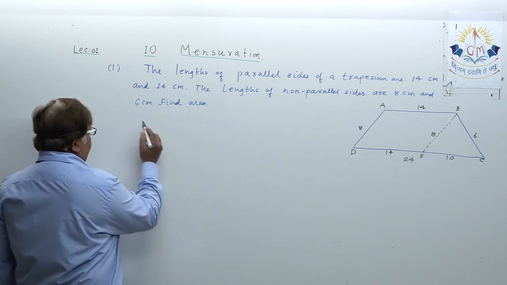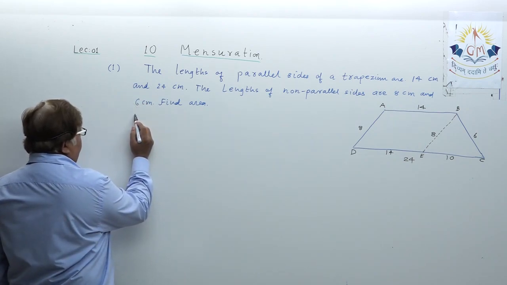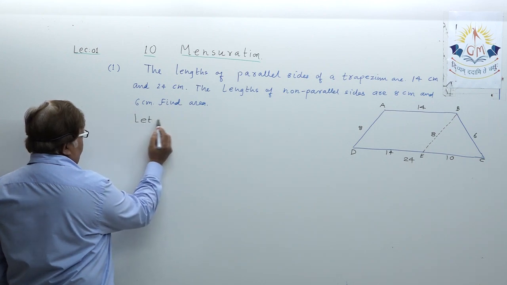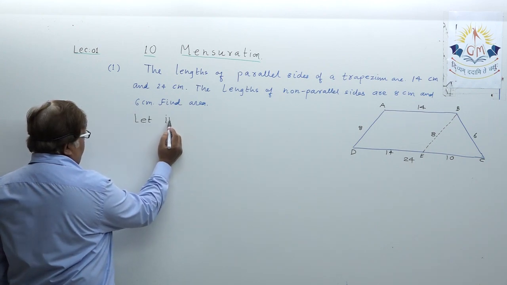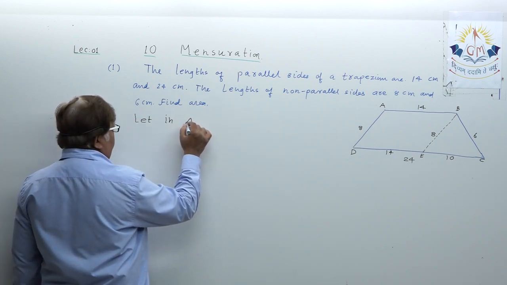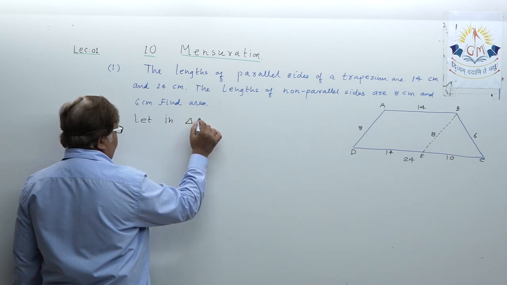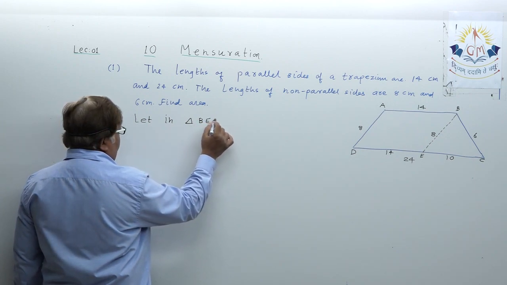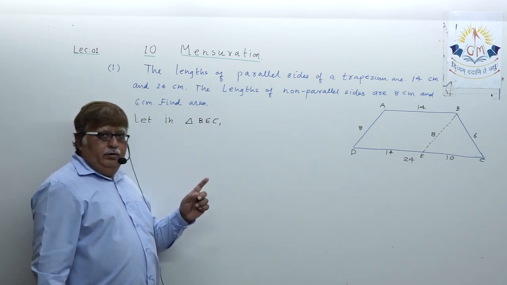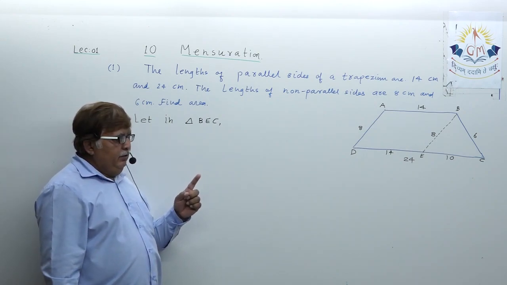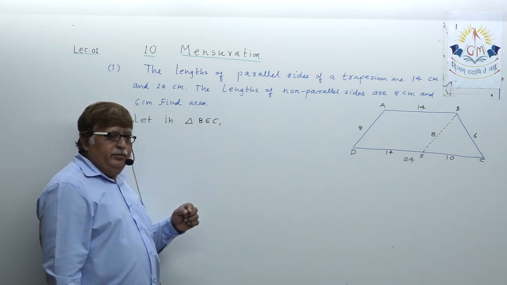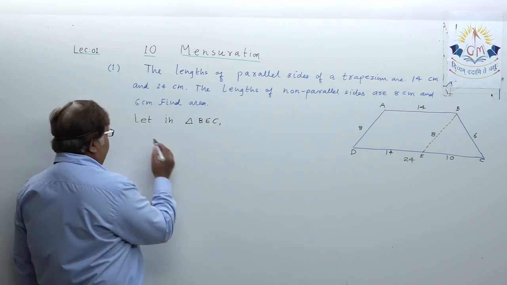Let me write the process. Now you should concentrate here. Let in triangle BEC, you all know about three sides: 8 centimeter, 6 centimeter and 10 centimeter.